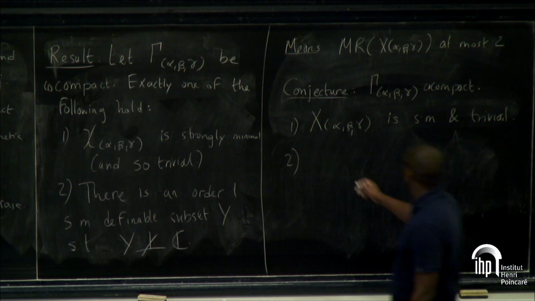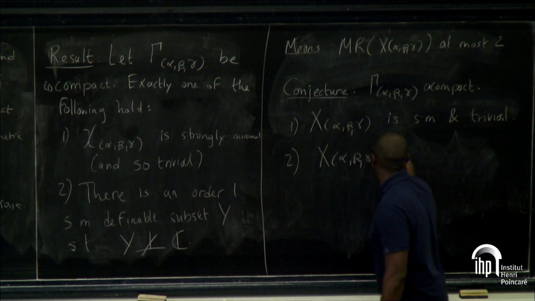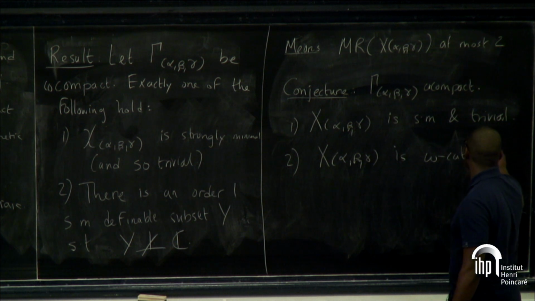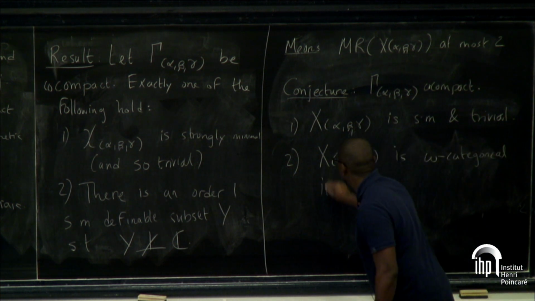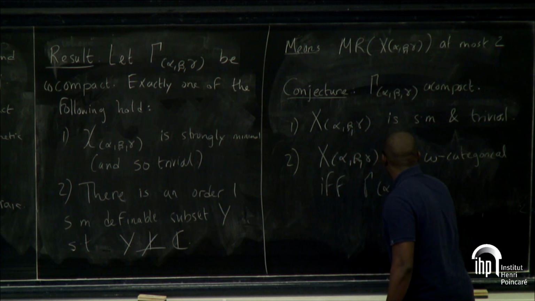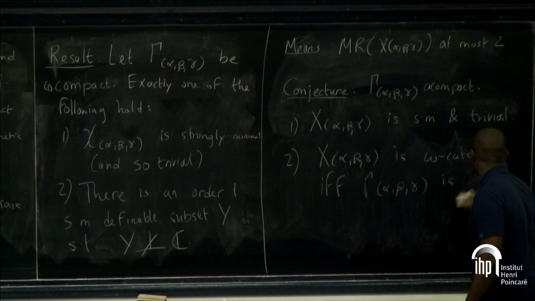So we have that it is omega categorical if and only if gamma alpha, beta, gamma is not arithmetic.